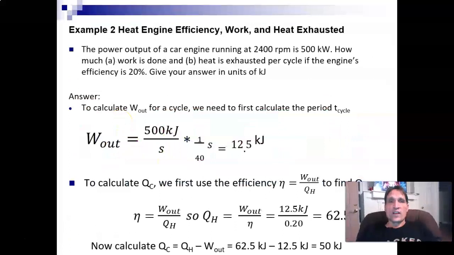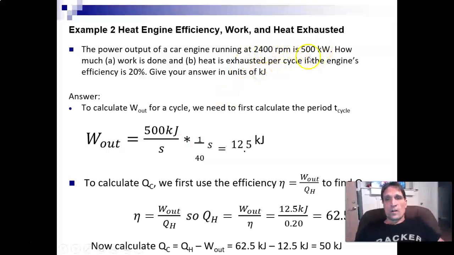Here's another example, example 2. I will leave that to you to work out on your own, and then we can cover that in our synchronous lecture on Monday if you still have questions. So in this case, we know the total energy, the rate at which work is being done, which we can use to calculate the work per cycle.